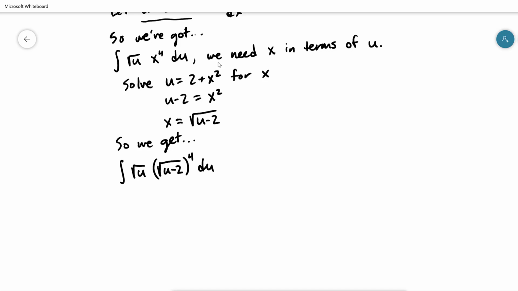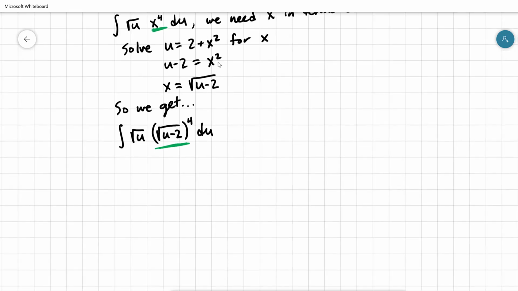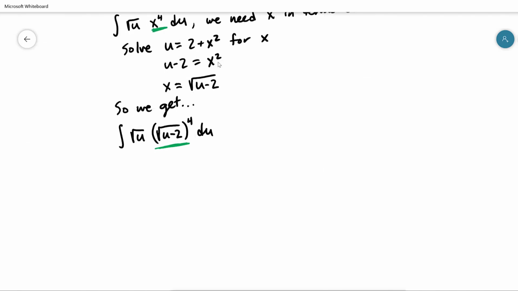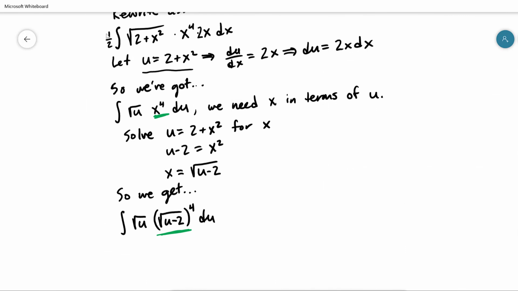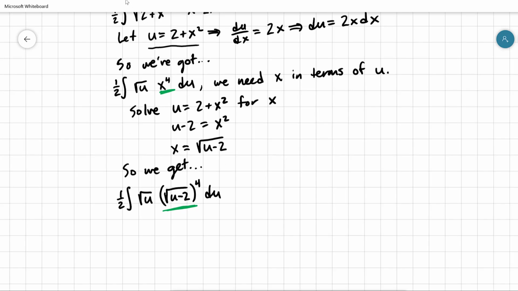So again, all I've done is replace this piece with this piece. Okay, that's ugly, we just need to clean things up. Oh, and I forgot my factor of half. I introduced that factor of half, remember, up here. I'm missing it both here and here. So there's what the answer looks like.